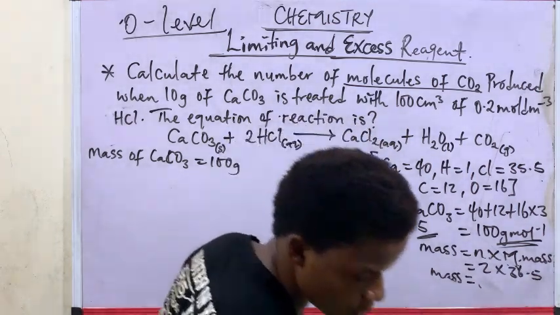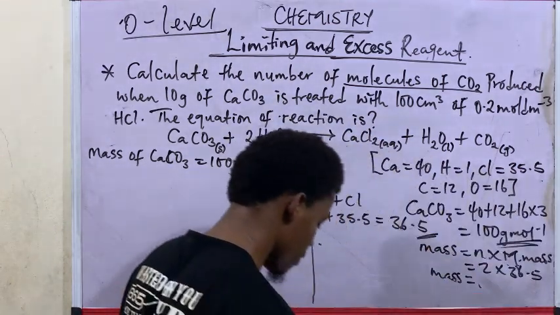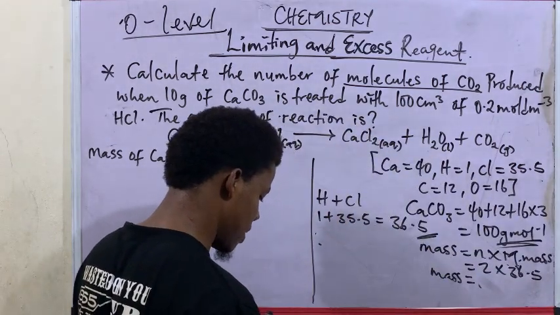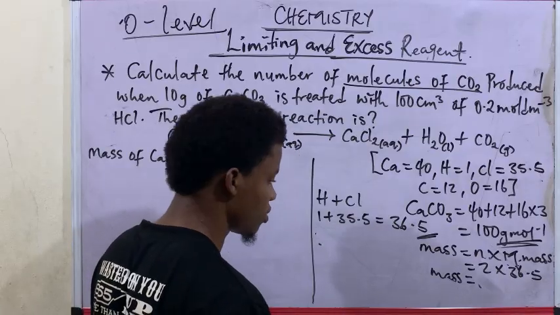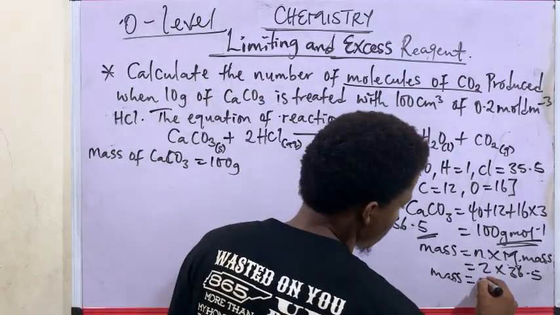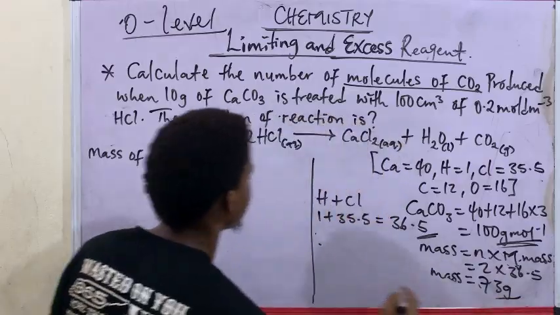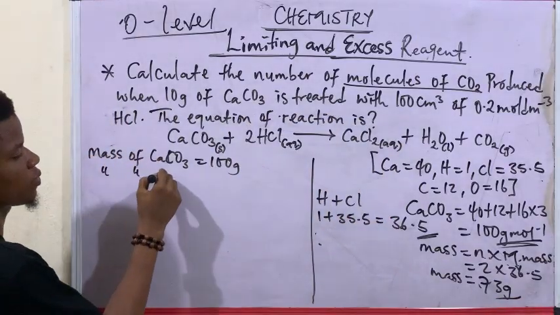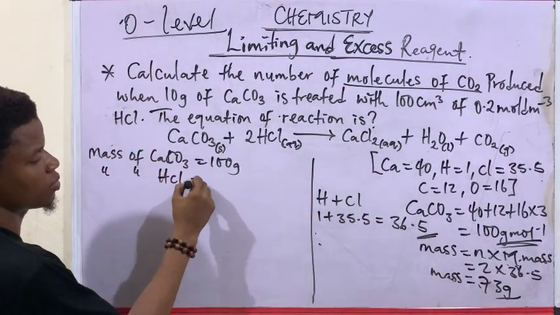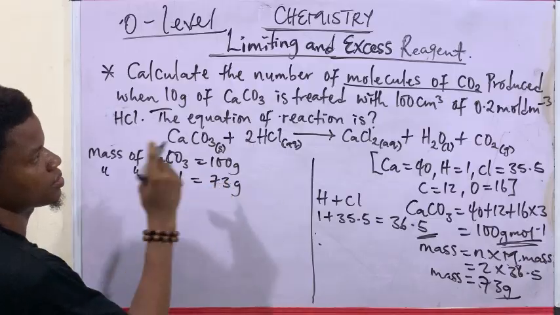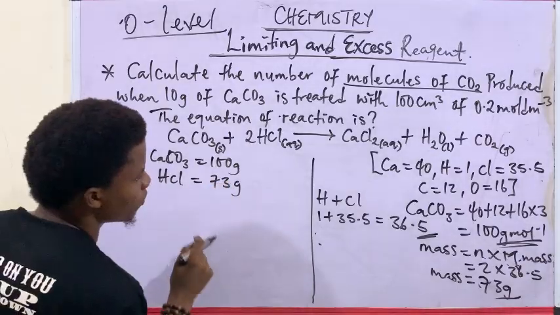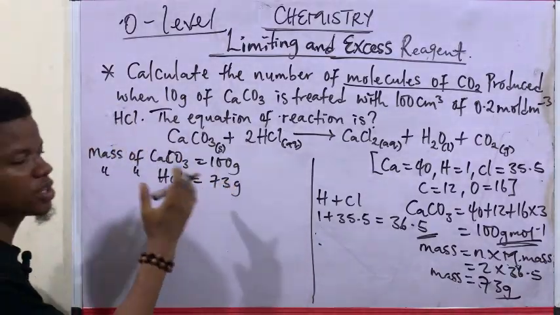We get 73 gram. So the mass of HCl is 73 gram.